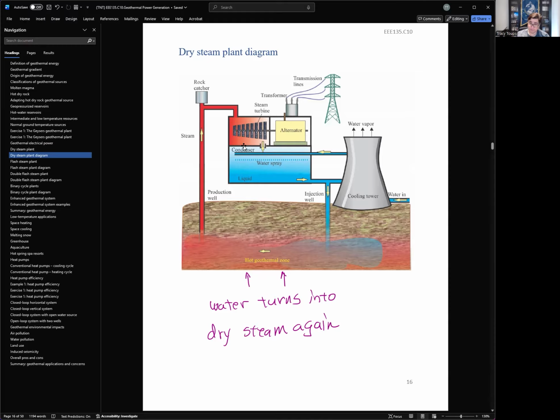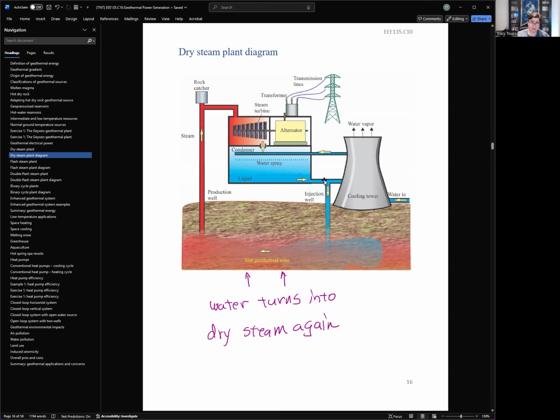So you have to have some secondary piping system, some radiator and cooling towers, to let it naturally condense back into liquid form. Once it's liquid water, you then inject it back into the well, and you just keep going over and over. This is an endless cycle. So long as you have water to pump in, it will naturally keep going over and over again.